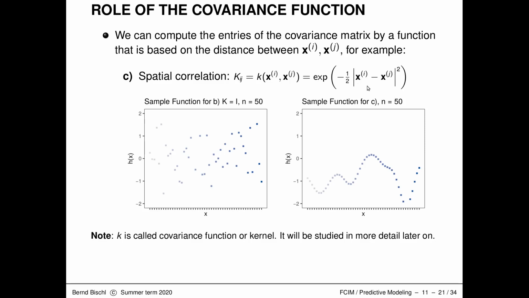The function has an exponential component, and on the inside of that, it mainly depends on the distance between xi and xj. You can do this on a one-dimensional domain by computing the absolute distance between xi and xj, and if you're working on a multi-dimensional domain, you could also use the Euclidean distance.